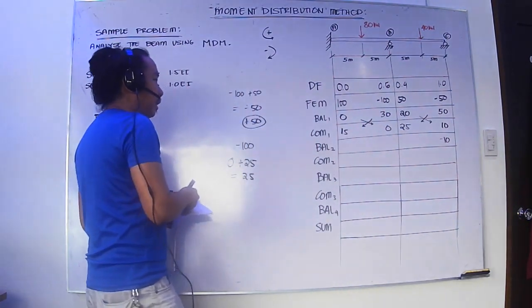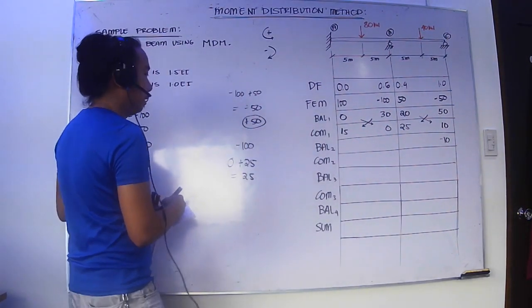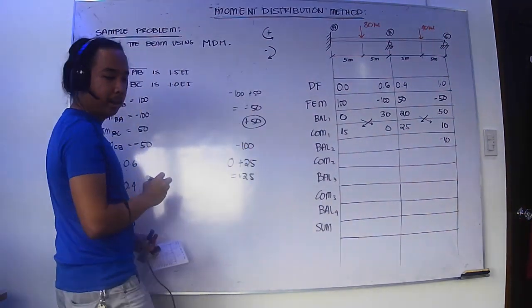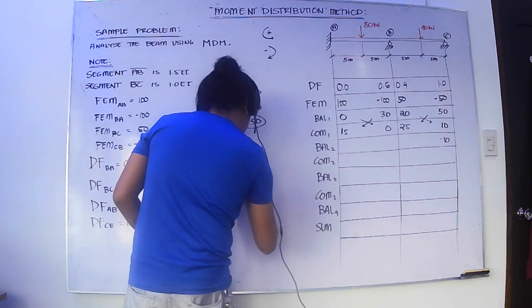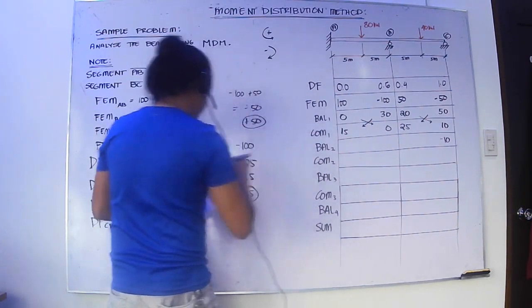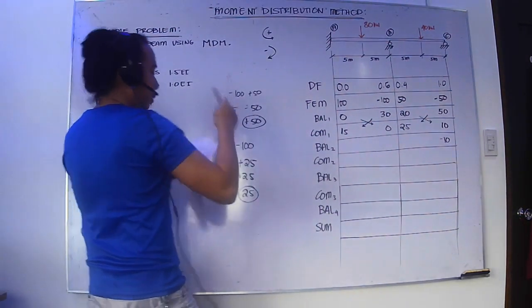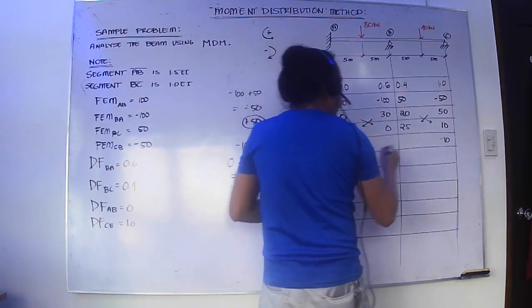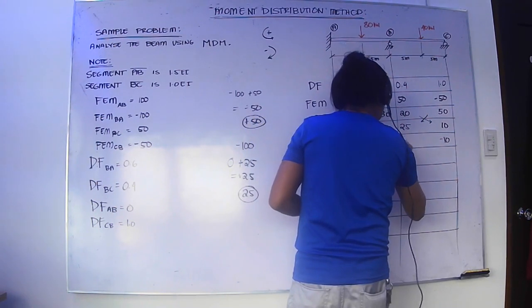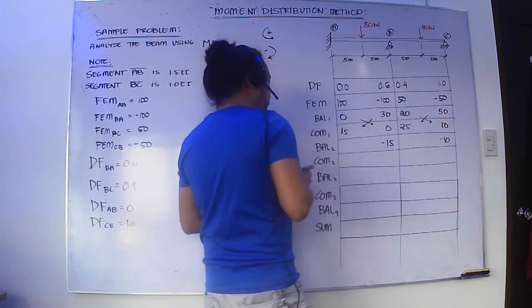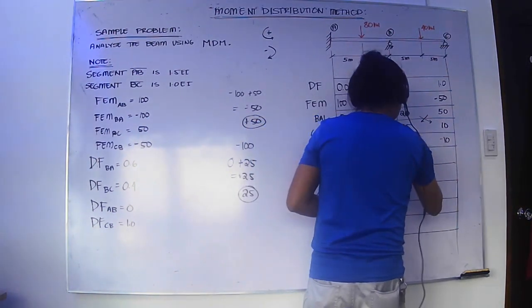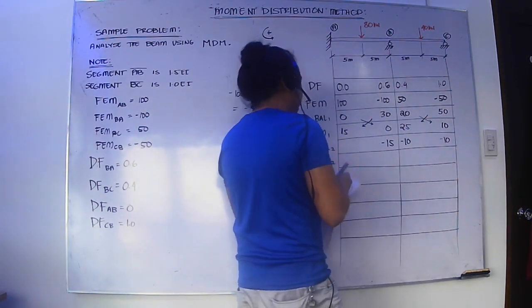To get 0, we need to add negative 25. Negative 25 multiplied by 0.6 is negative 15. Negative 25 times 0.4 should be equal to negative 10.